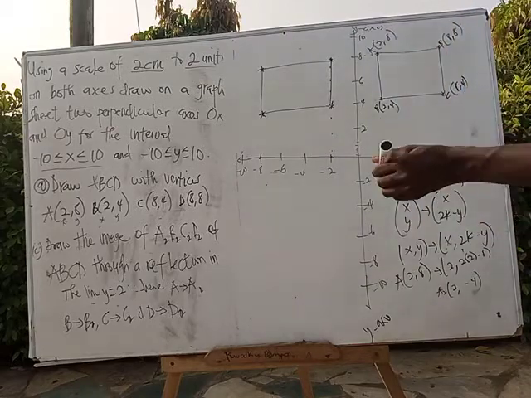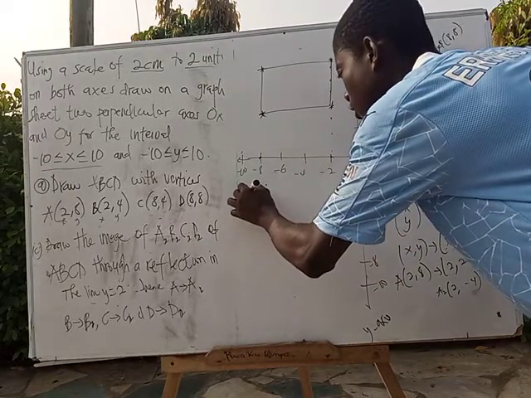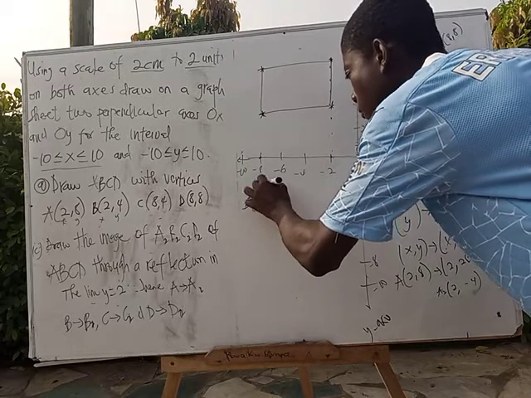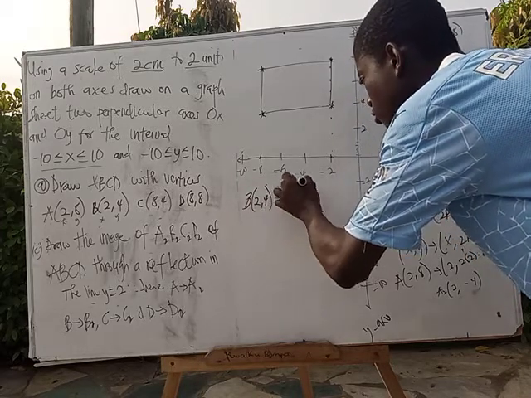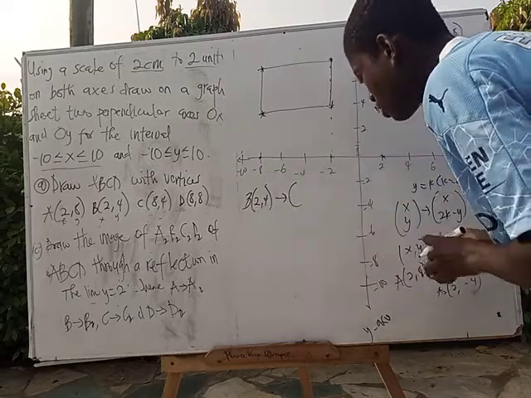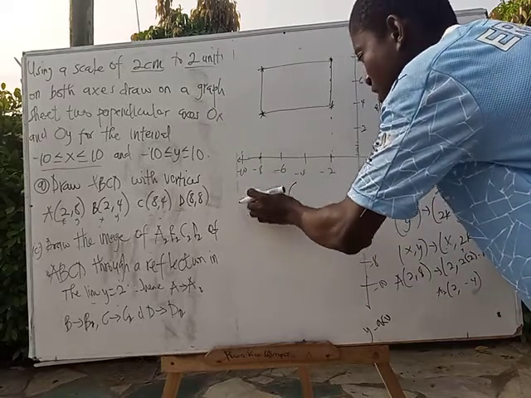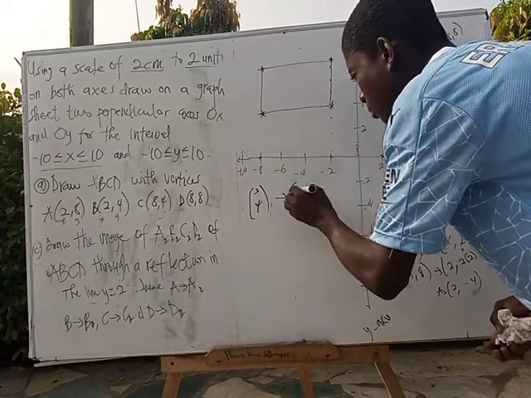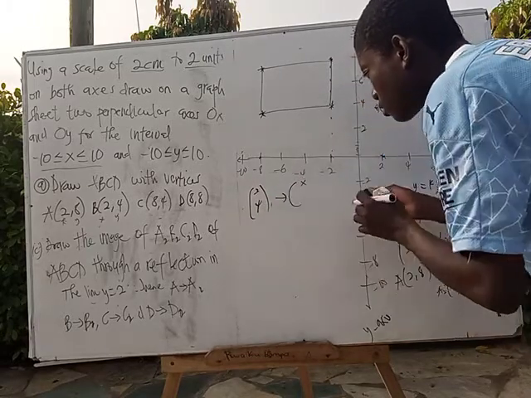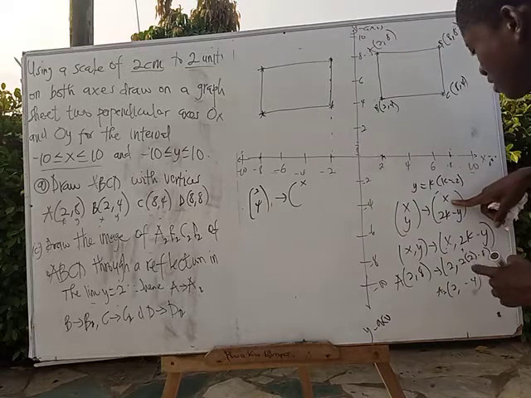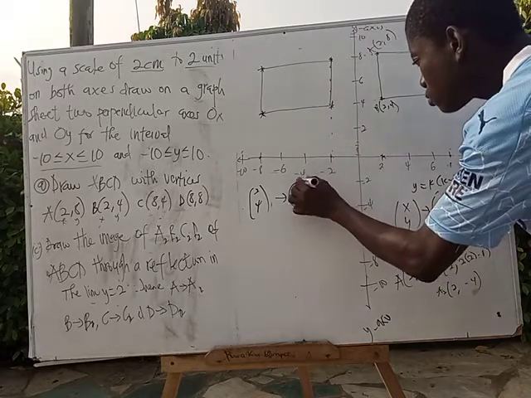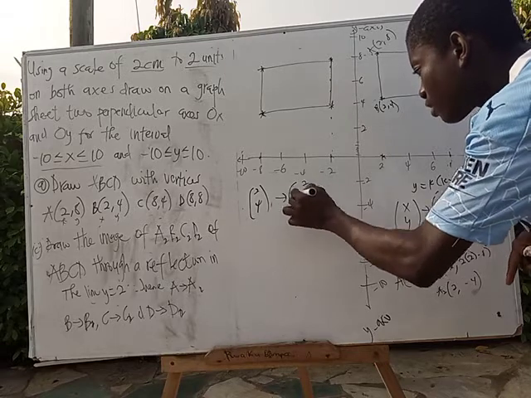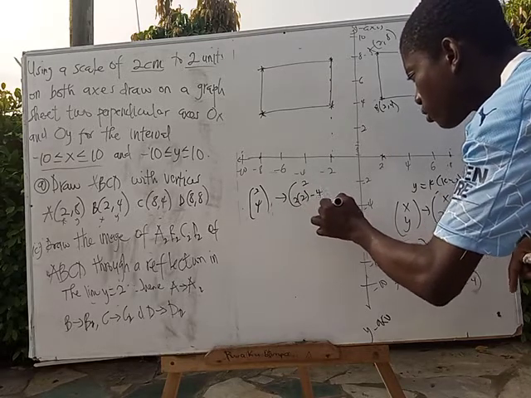Now let's take B. Our B is (2, 4). Don't forget the formula: we are not changing the x, so x is 2, and 2 times k, k is 2, minus y, that is 4.